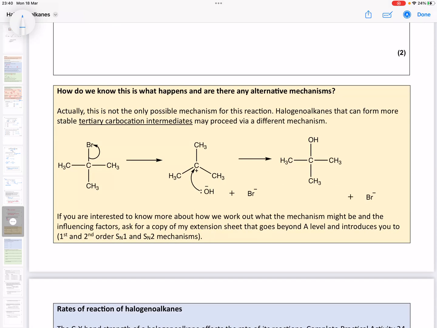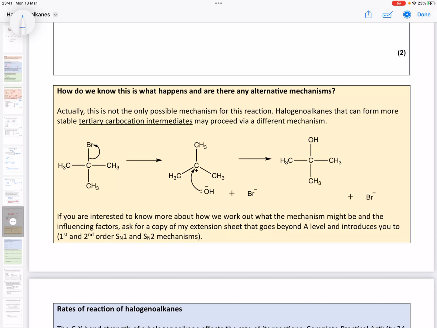So you might ask the question, and it would be a reasonable question to ask, how do we know that that's actually what happens? Well, we can use kinetics, and it is possible for us to investigate these reactions by working out how varying the concentration of the different reactants affects the rate of the reaction. From that we can calculate something called the order of the reaction, and that tells us a little bit more about how many molecules are involved in the rate determining step, so that's the slowest step in a reaction.